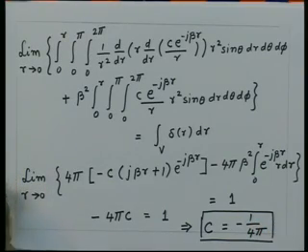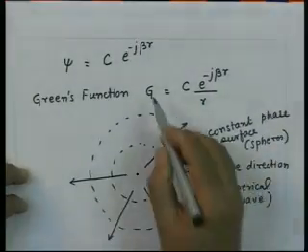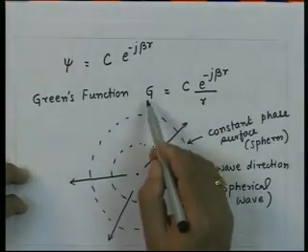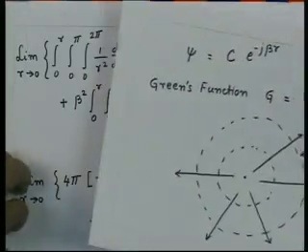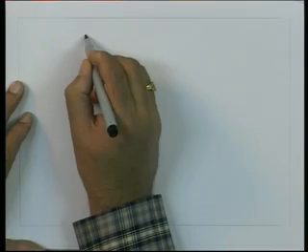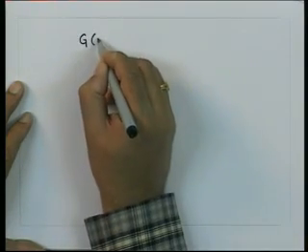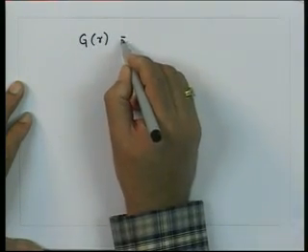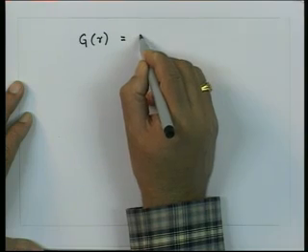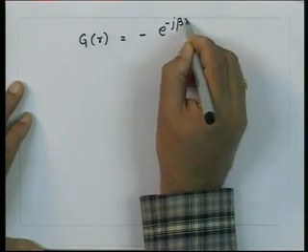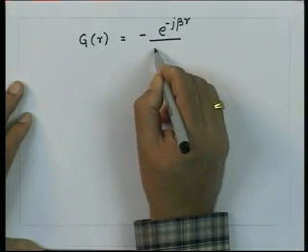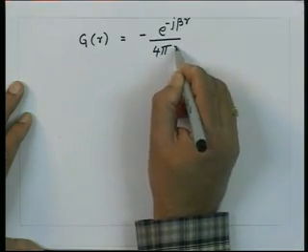Substituting now this arbitrary constant into the Green's function, we get the complete Green's function for this problem, and that will be g as a function of r equal to minus e to the power minus j beta r upon 4 pi r.